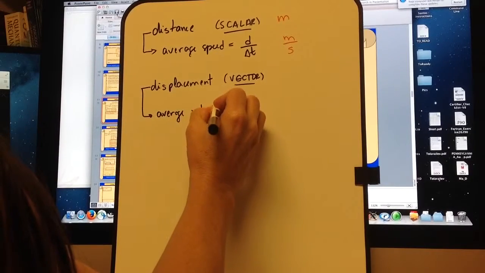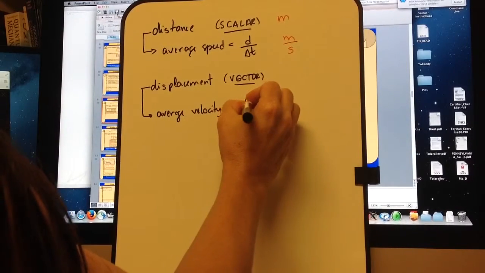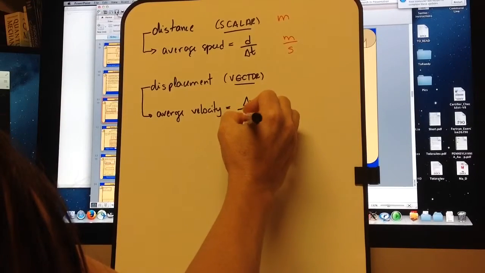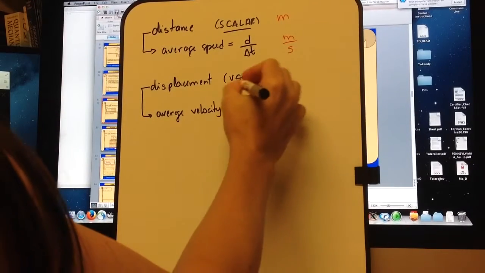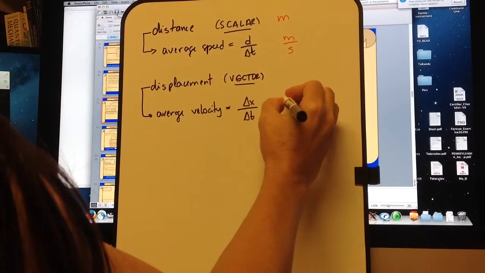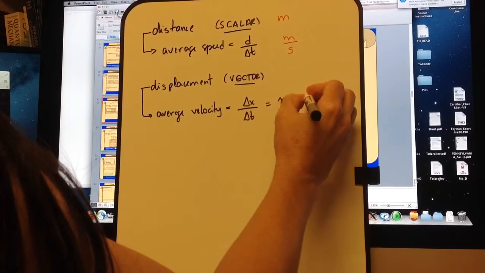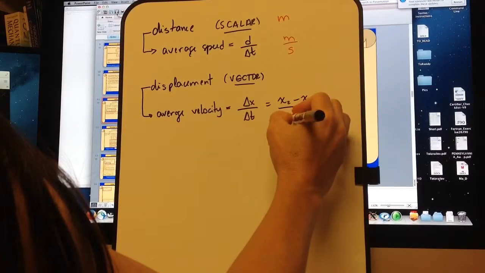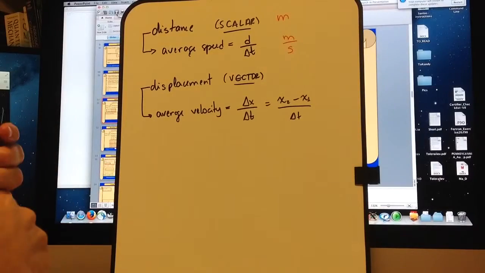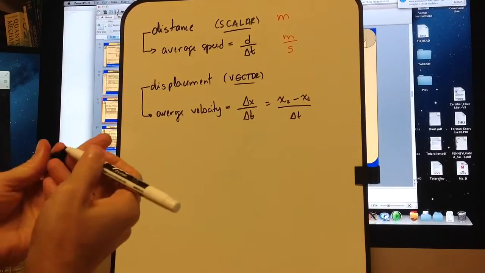And the average velocity is the ratio of the displacement divided by the time elapsed. What is this displacement? The final position minus the initial position, right?